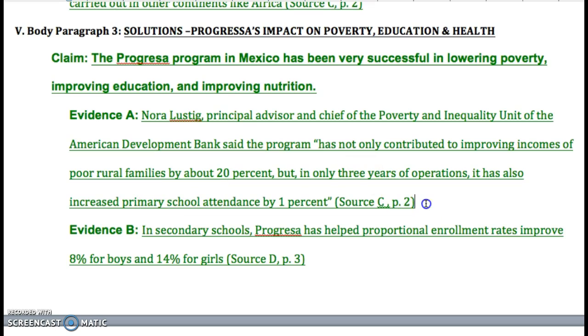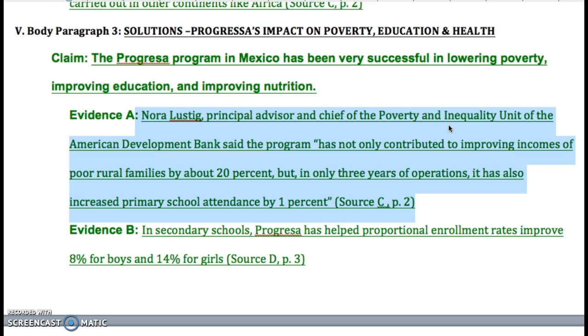Not only is this a fact, but it's a fact spoken as a quote and spoken by an expert. So Nora Lustig would be considered an expert in this area of poverty because of her position. She's a principal and chief advisor of the Poverty and Inequity Unit.